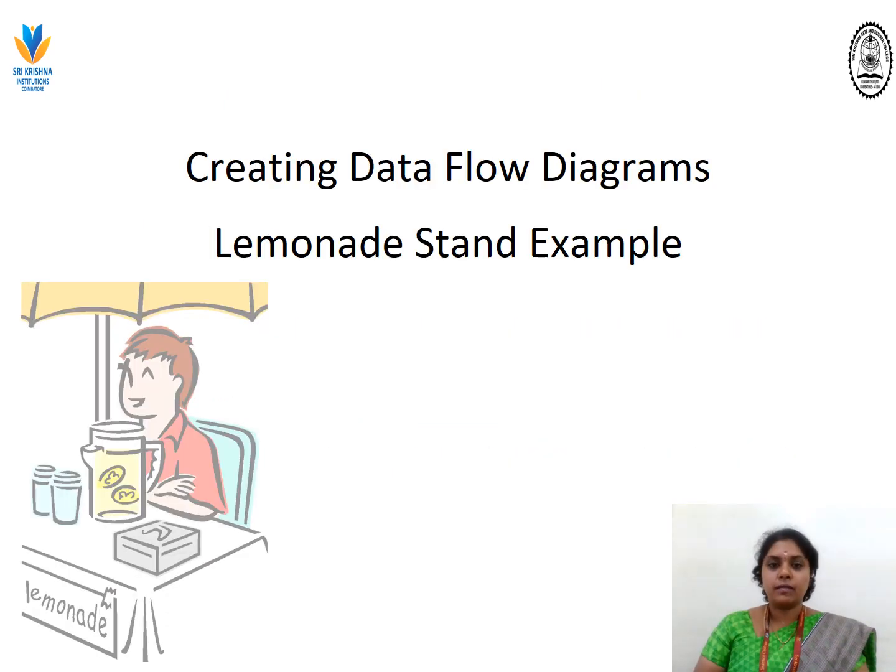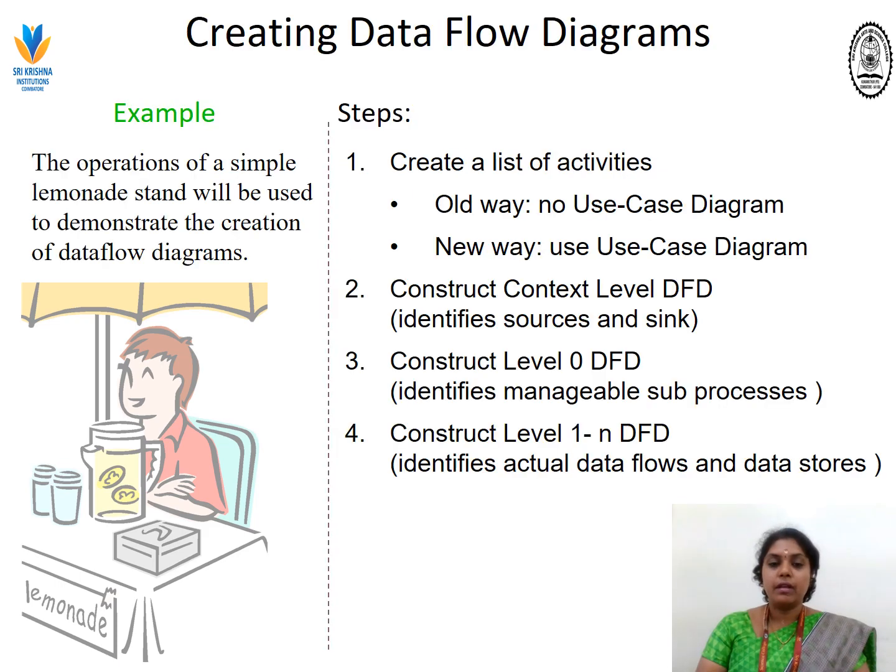Let us see an example for a data flow diagram, the lemonade stand example. The first thing we have to do is give a step-by-step process for what the DFD has to do. You create a list of activities. The old way had no use case diagrams, and the new way uses a use case diagram.